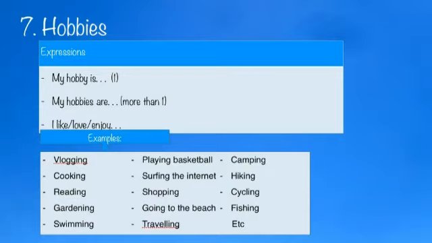Or if you want to mention more than one hobby, then you have to use this expression. My hobbies are reading and gardening. Or you also can use this expression. I like flying. I really love playing basketball. Or I really enjoy cycling.